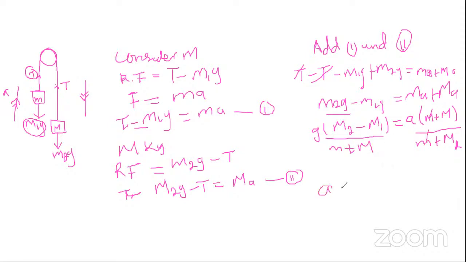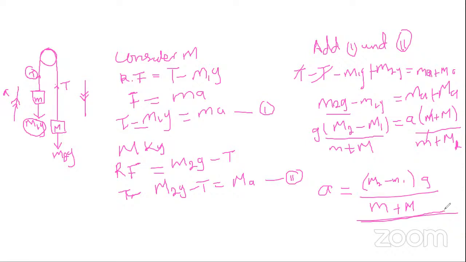So we shall have our acceleration equal to m2 minus m1 times g, then we divide this by small m plus capital M. So this will be our acceleration.